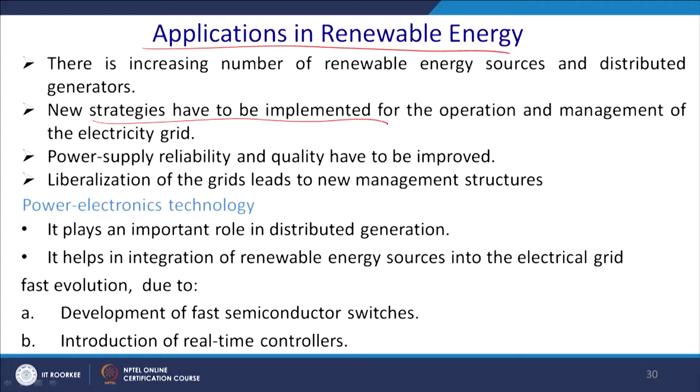With the increasing number of renewable energy sources and distributed generation, new strategies have to be implemented for the operation and management of the electric grid.